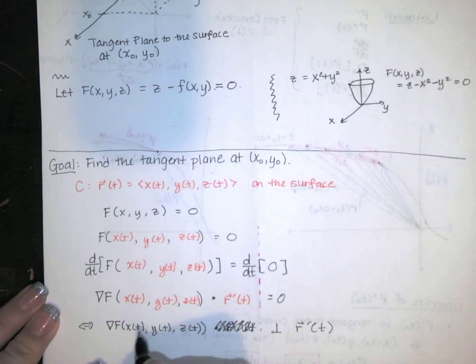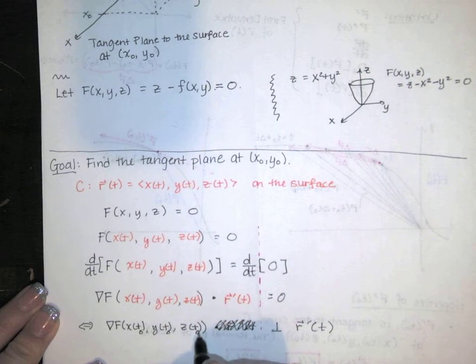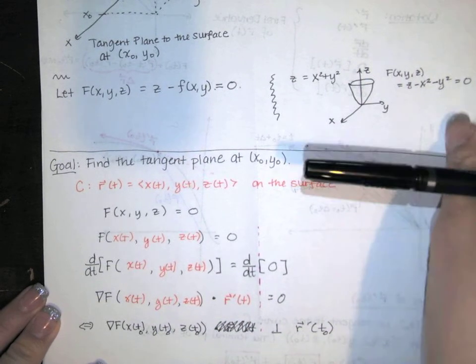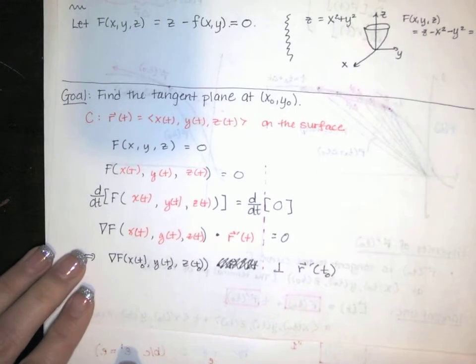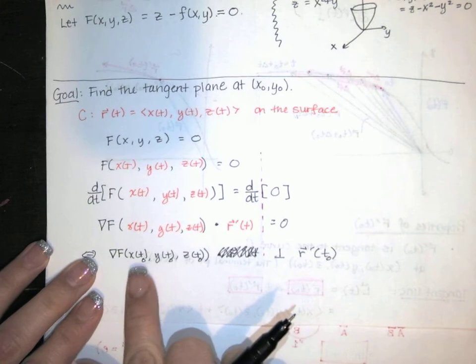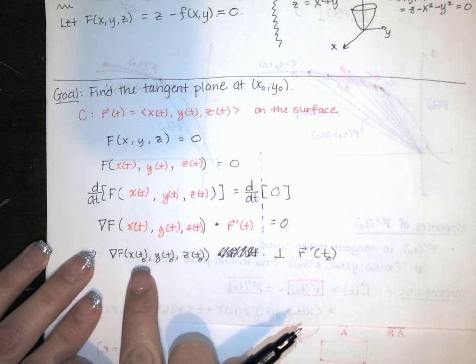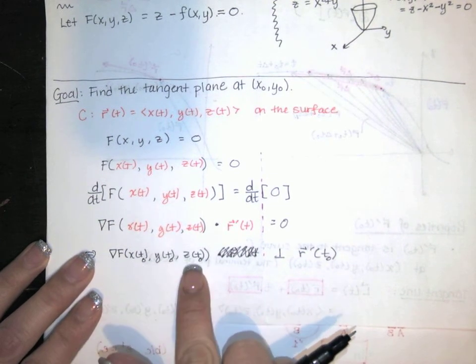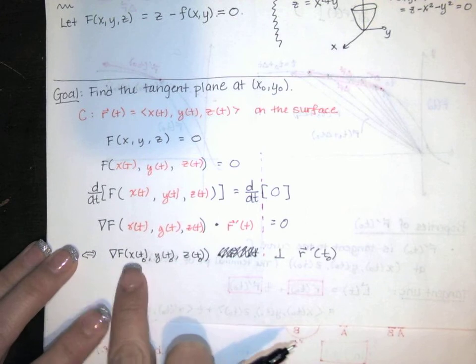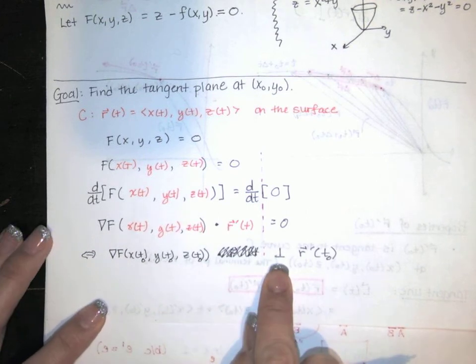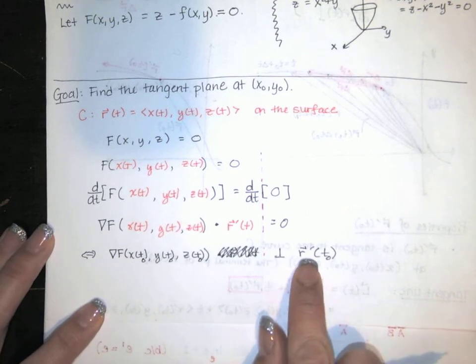So let's plug in a particular t value. Let's call it t naught. So the gradient at that point, x naught, y naught, z naught, which is given by x of t naught, y of t naught, z of t naught, the gradient at that point is orthogonal to this.